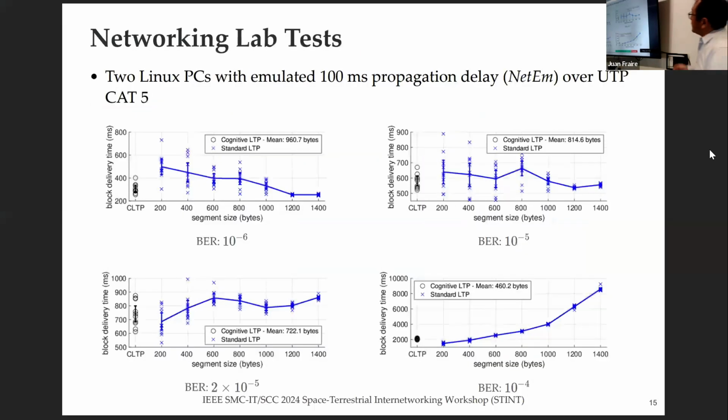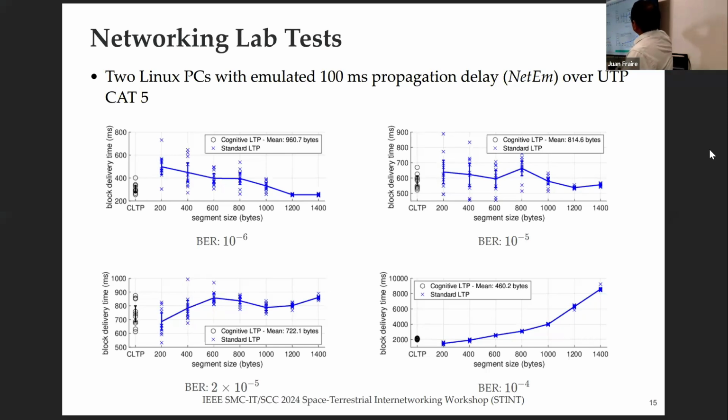Okay, some results. We ran two sets of experiments. The first set was run on a lab test bed. The reason for having two tests was, number one, that it was easier to develop the code using just a networking test bed rather than having actual radios. Number two, it was also easier to run the experiments for longer time using a networking test bed.